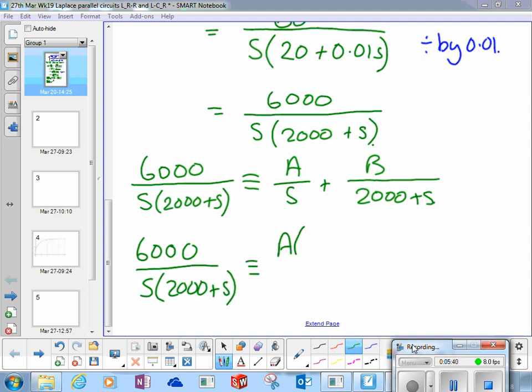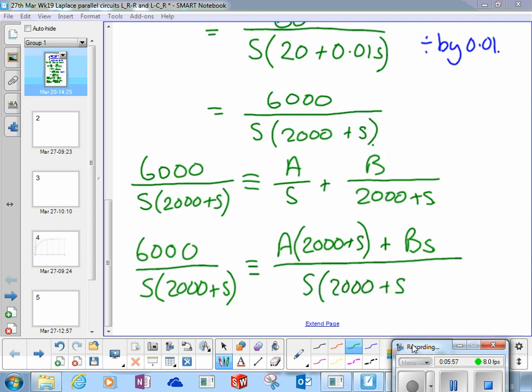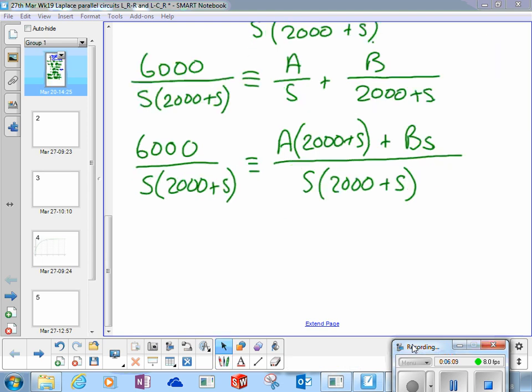So we've got to multiply A by 2000 plus S, and B by S. We can put that all back over the common denominator. So now we've done that, what can we do? Equate the numerators.